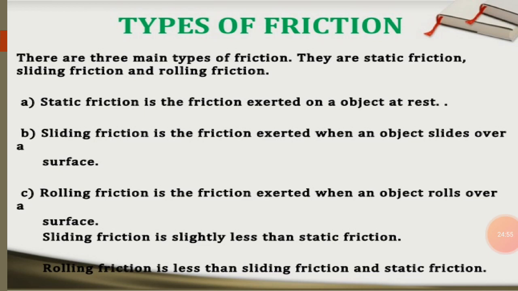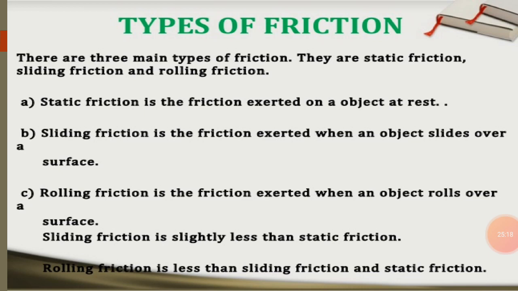Now we are going to learn about sliding friction. As I have told you what static friction is, the second type of friction is sliding friction. It is the frictional force present when one object moves slowly or slides over the surface of another object.